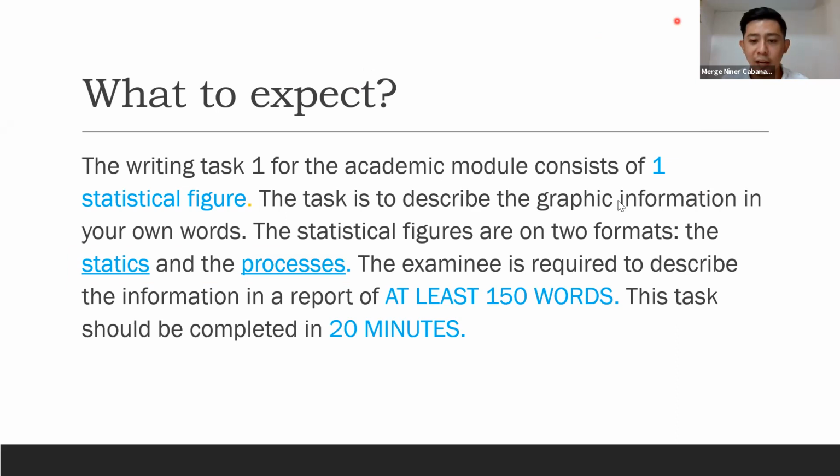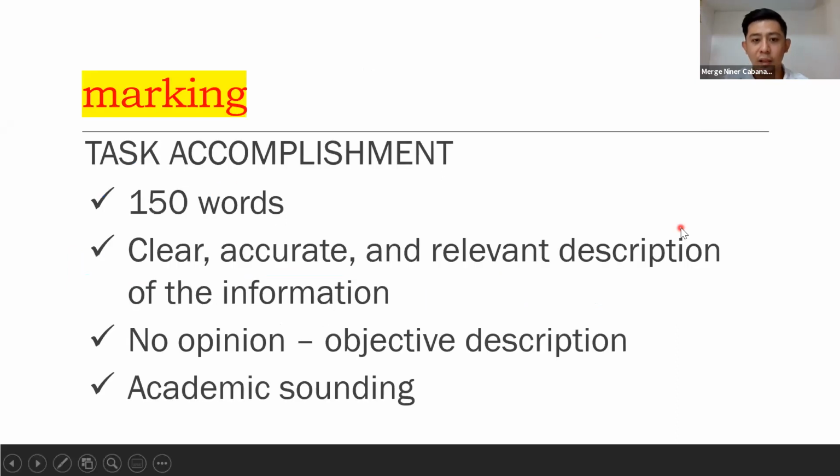Now let's continue. Marking: how will the examiner assess your work? Examiners will use what we call band descriptors. Again, band descriptors. They describe, hence the term descriptors, your performance in terms of numerical data.